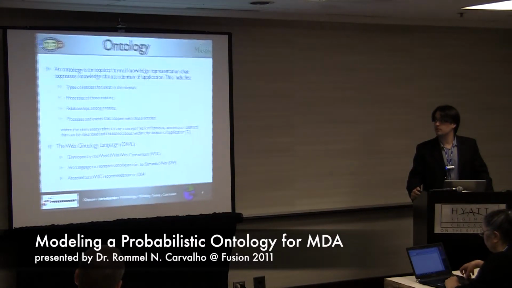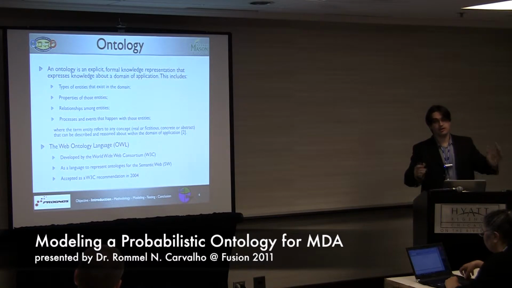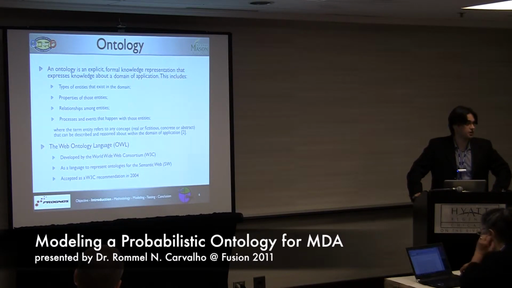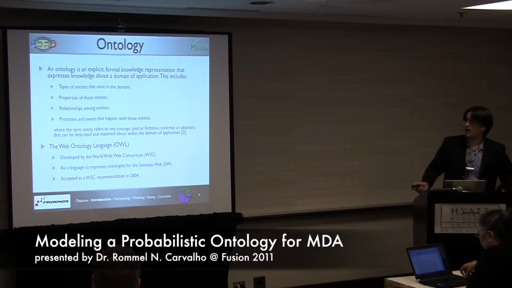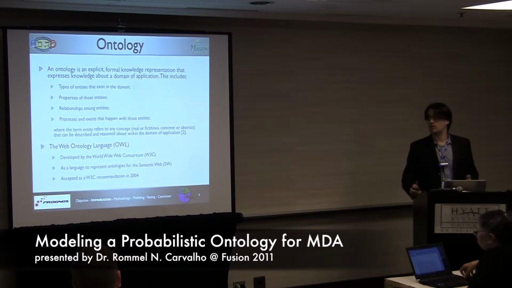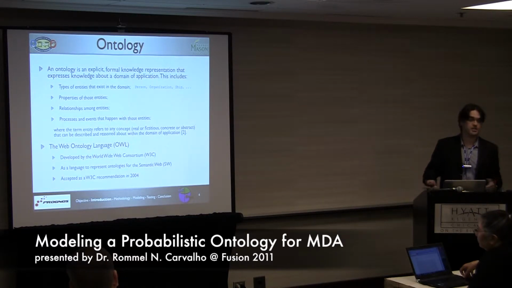So, just a brief introduction. There are many definitions of ontologies out there. I just want to briefly describe what I'm assuming they are for our purpose here. It's a formal representation of some domain of application you're trying to convey. This means you're going to have types of entities, which we also call classes, like person, organization, ship.